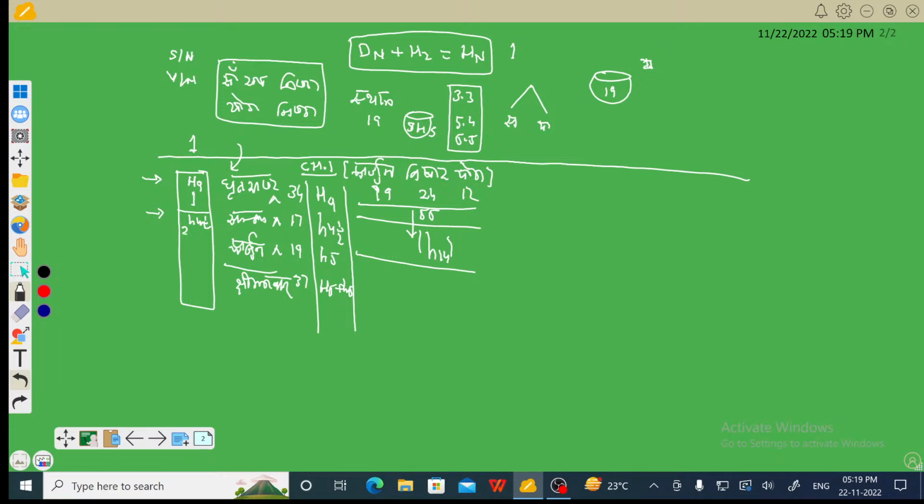Shlokas 2 to 20 and the first half of shloka 21 are the Uvachas of Sanjay. Then there is Arjuna's participation. It is H5, and he has uttered the second half of shloka 21, 22 and 23.